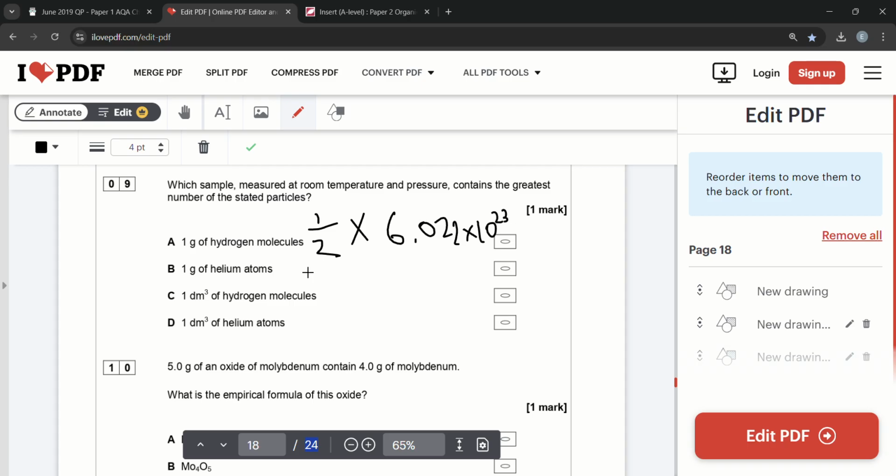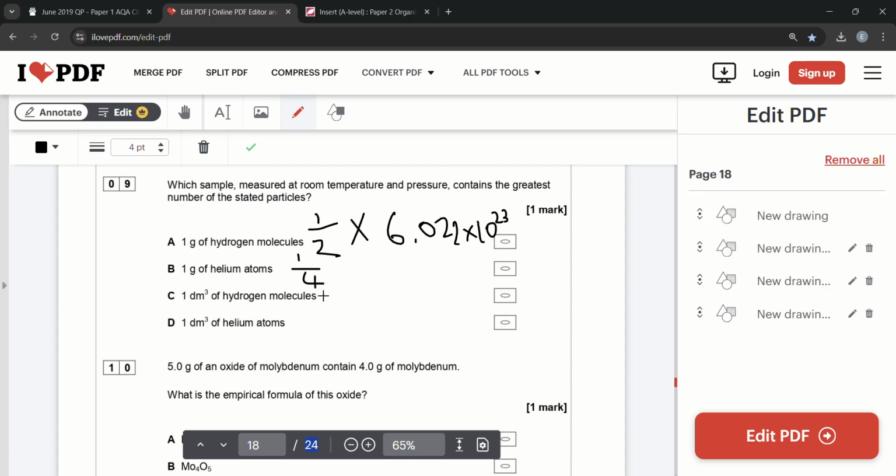In this case, 1 divided by 4 times 6.022 times 10 to the power 23.